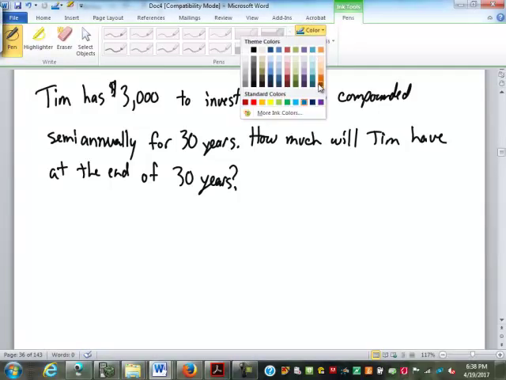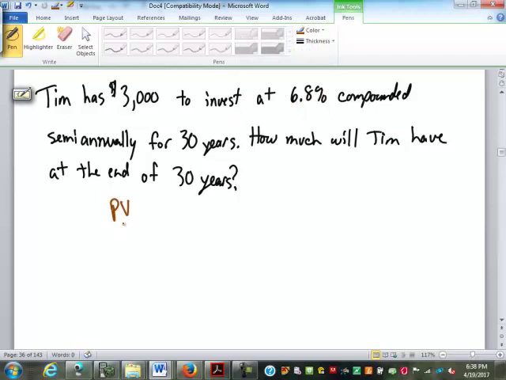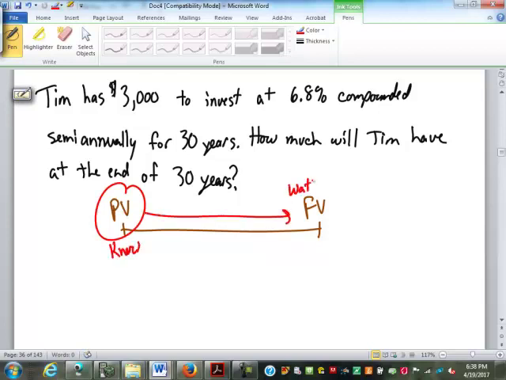So first thing we need to figure out is which direction we're going. Do we know the present value or the future value? Present value is what we know. We want to find the future value. So the future value is going to be the 3,000 times or divide?